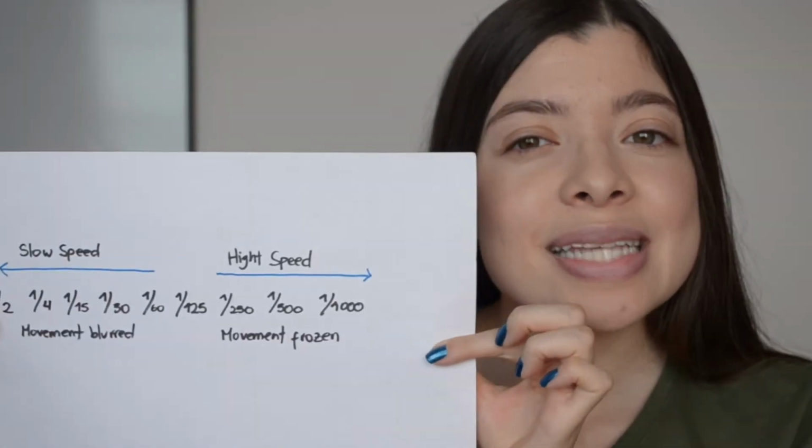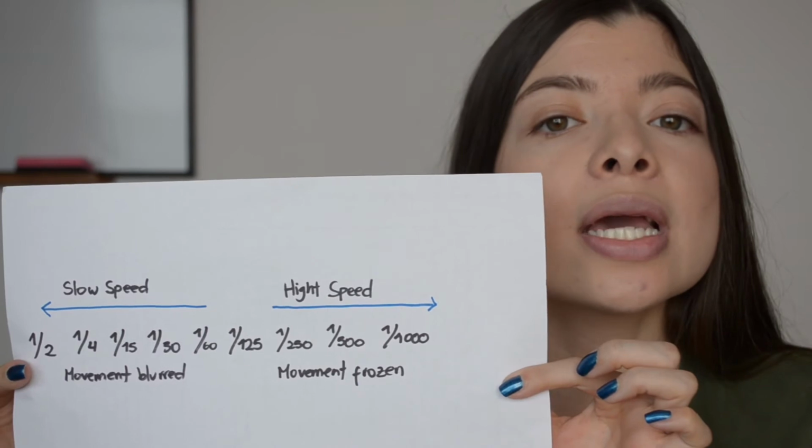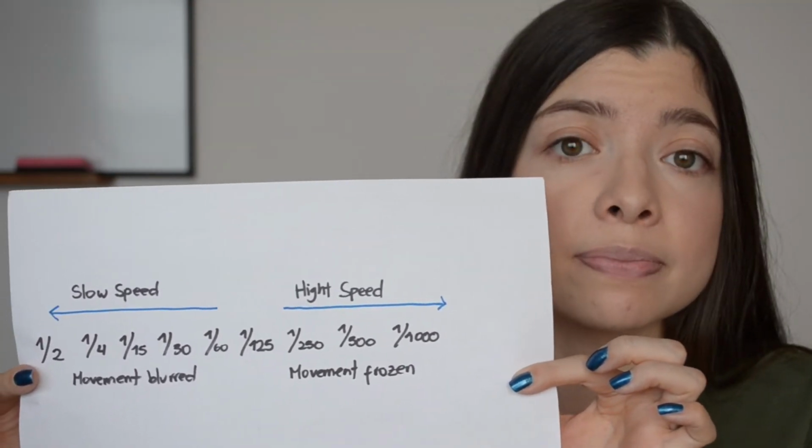So here it is, the shutter speed. It is the time that the shutter of the camera opens and lets the light enter the camera. Like you can see here, it is measured in fractions, and you can make a lot of original pictures.